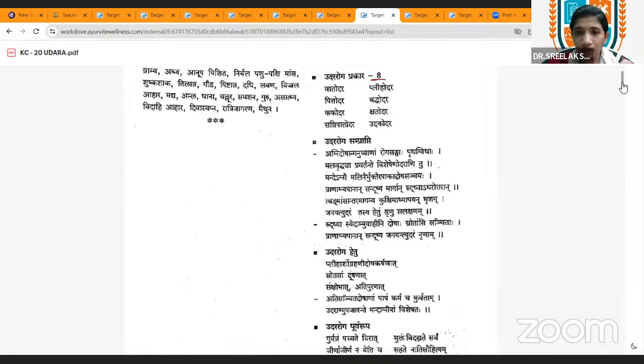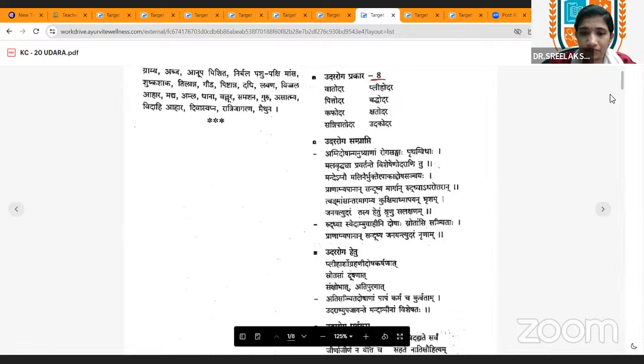So here you can write the code as TUM. In Pandaroga, we studied the code TPM, that is between Tvak and Mamsa. And in Udararoga also, the Samshraya takes place between Tvak and Mamsa. Understood?